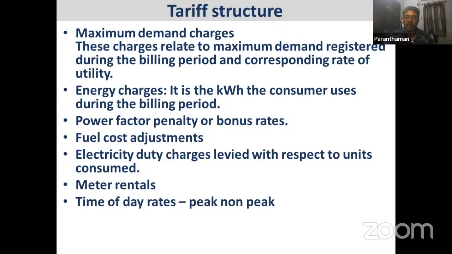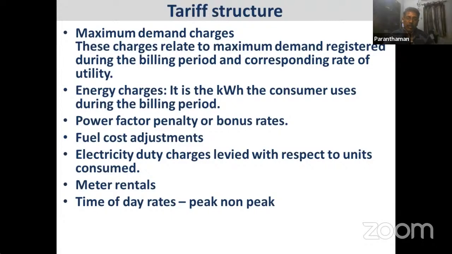Time of day rates. This is for peak and non-peak. I think this has not come into effect for our Tangedco. With the advent of smart meters, this definitely is going to happen in the near future, because we have surplus in daytime.